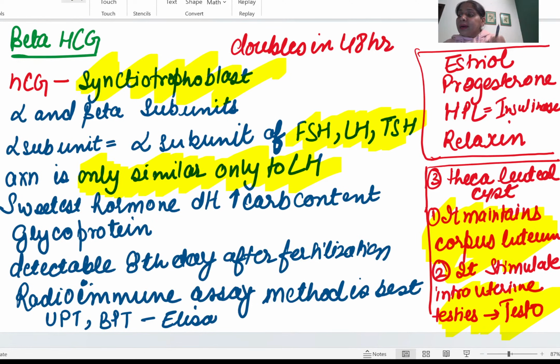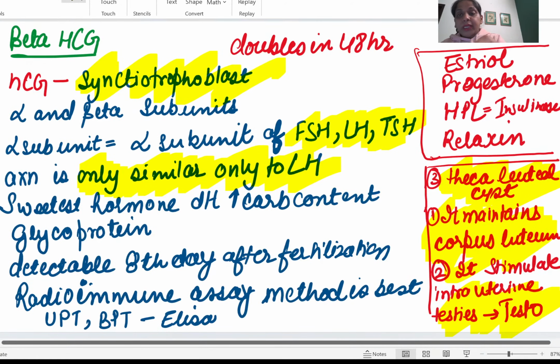The third effect of HCG as its luteotropic effect is in the molar pregnancy. In the molar pregnancy, you all know that a lot of HCG is formed. Now this HCG has a luteotropic action, so in the ovaries, theca lutein cysts are formed. The third effect is that theca lutein cysts are formed.